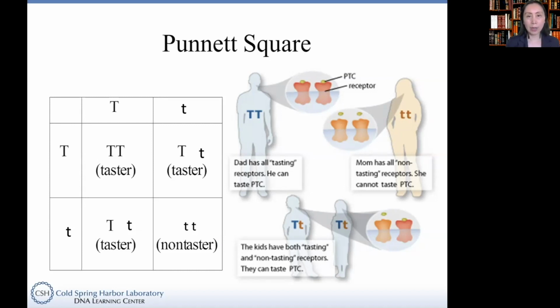His genotype is big T, big T. If mom has all non-tasting receptors, she cannot taste the PTC, and her genotype is little t, little t. Their children will have both tasting receptors and non-tasting receptors, so they can taste PTC, but their genotype will be big T, little t.